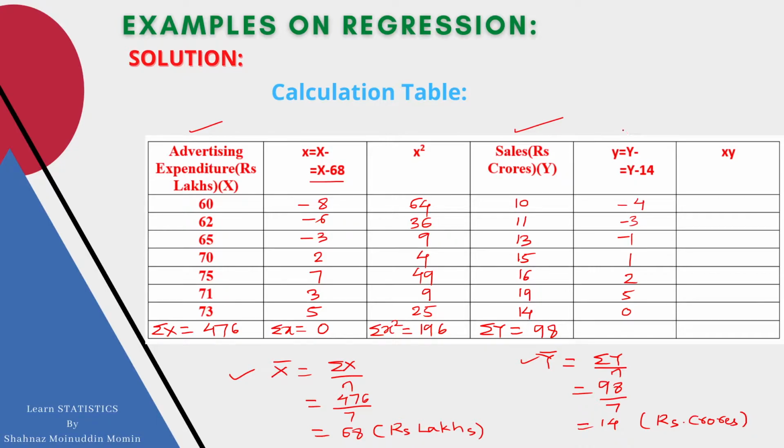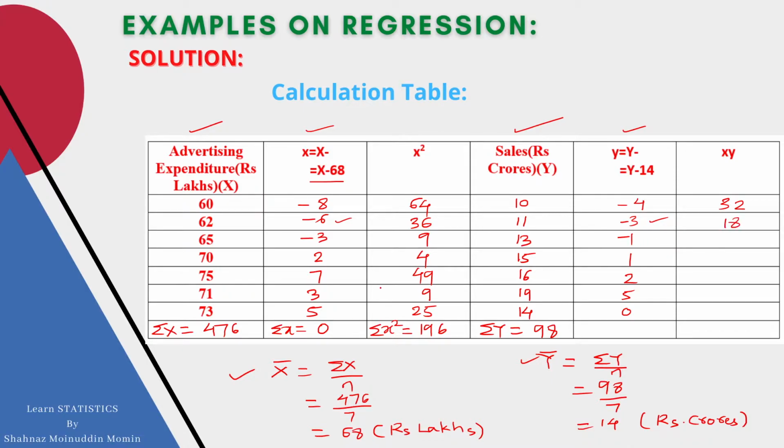Multiply this y with x, we get minus 8 into minus 4. So it is 32. Next is minus 6 into minus 3, plus 18.